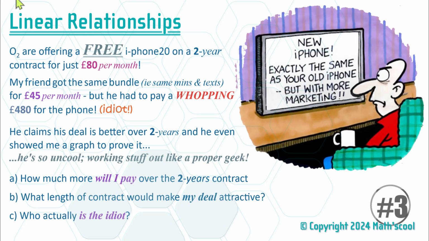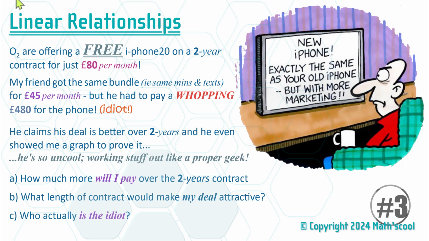So this is your third question. O2 are offering a free iPhone on a 2-year contract for just £80 per month. So the fixed price is 0, and the gradient is going to be £80 per month. So we're going to have a gradient of 80.